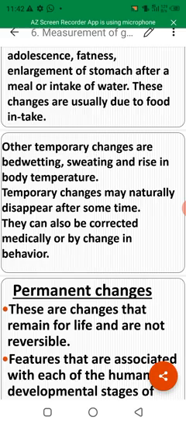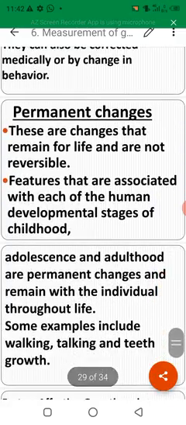For a child that is bedwetting, his water intake can be reduced, so that he will not be bedwetting again. That is, he will not be allowed to drink water in the evening time, so that it can stop bedwetting.